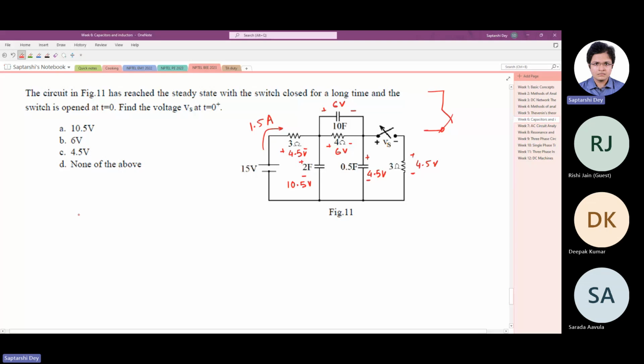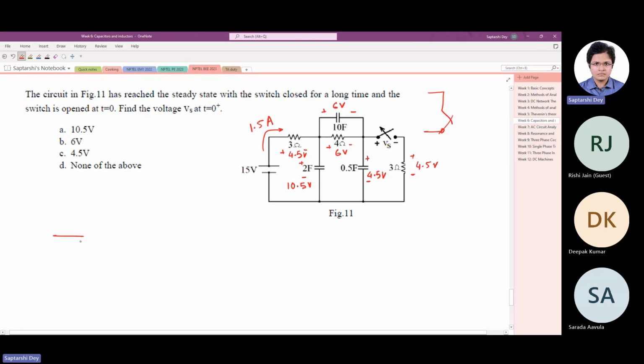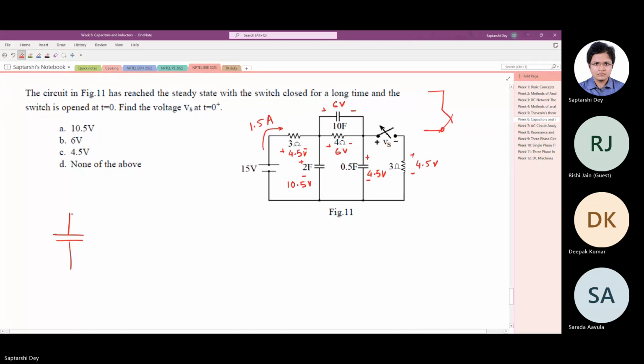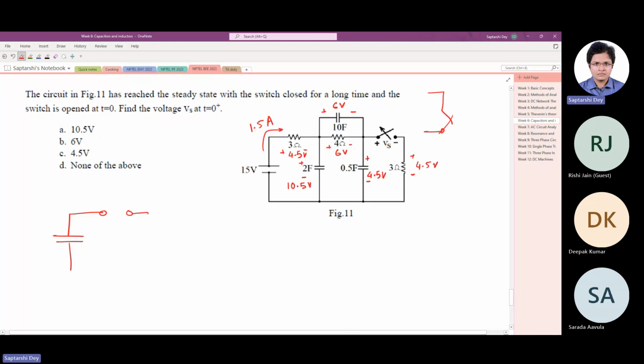What we can do is we can simply draw this part of the circuit. That will be enough. This is the switch opened now.